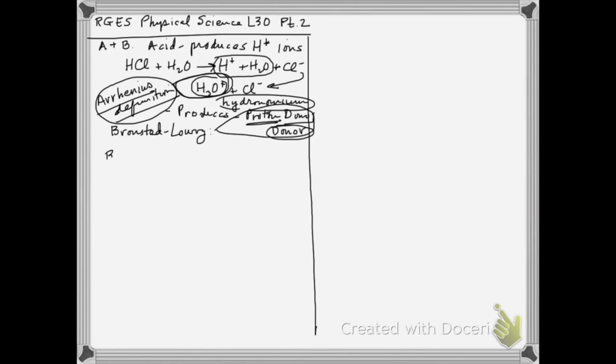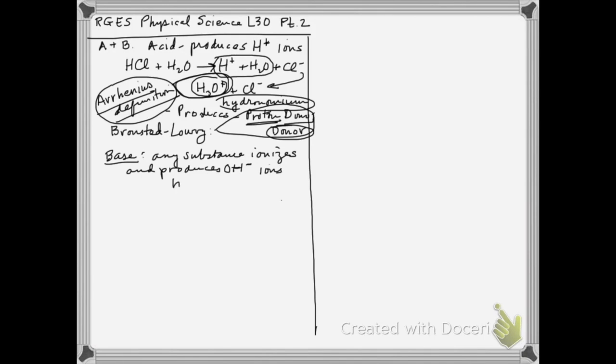Well, let's look at what a base is and review that definition. A base is kind of opposite from an acid. It would be any substance that when you put it in water, it ionizes, it breaks up into ions, and produces not hydronium ions, but OH minus ions.